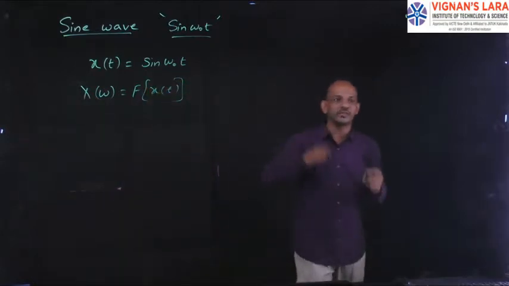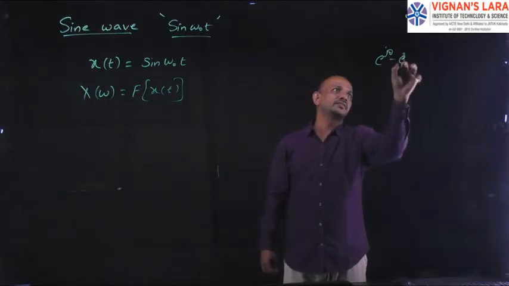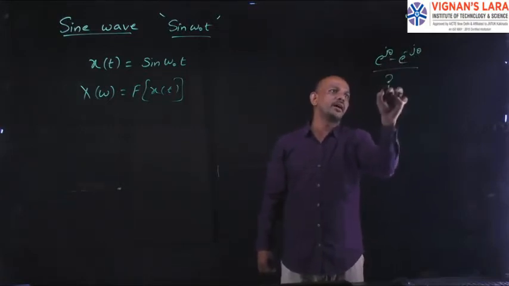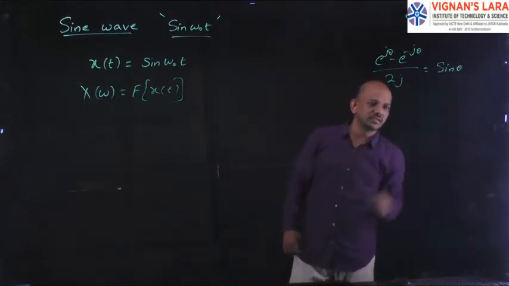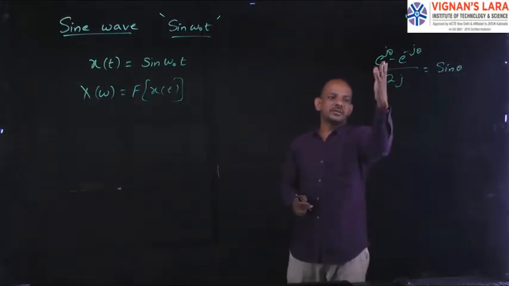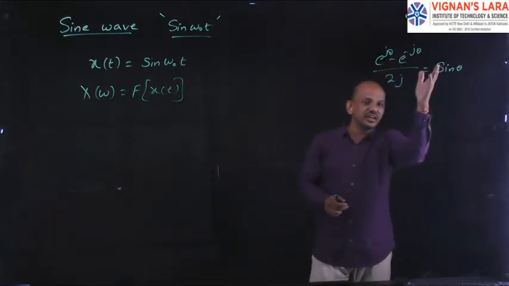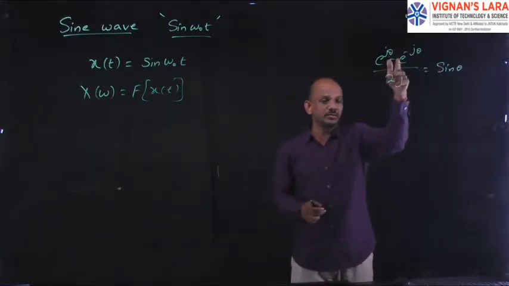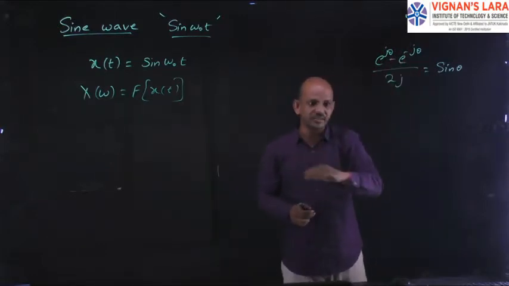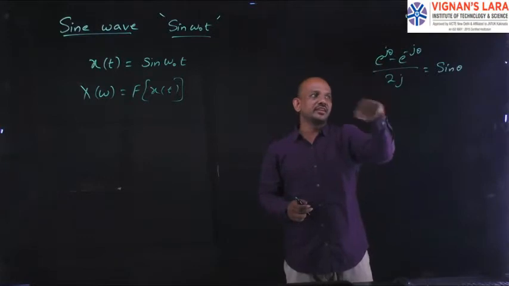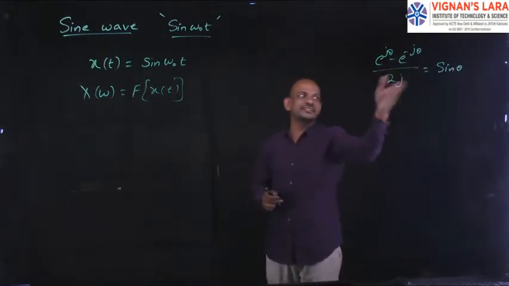You all know the formula: e power j theta minus e power minus j theta by 2j equals sine theta. Cos theta plus j sin theta minus cos theta minus j sin theta: the cos theta gets cancelled, and we have j sin theta plus j sin theta, that is 2j sin theta. The 2j gets cancelled and we get sin theta.